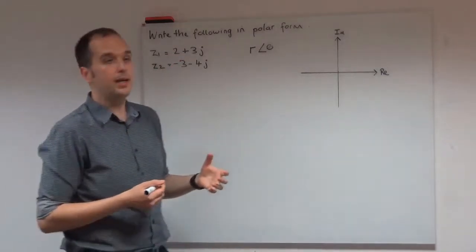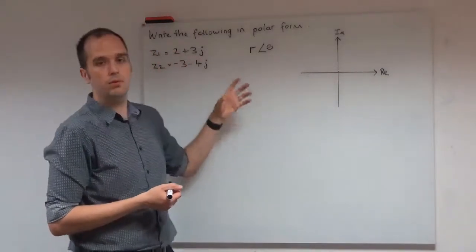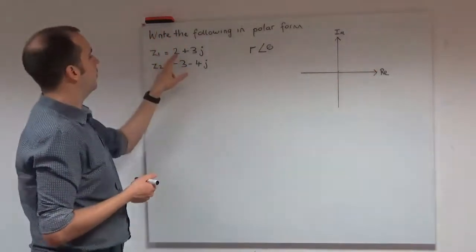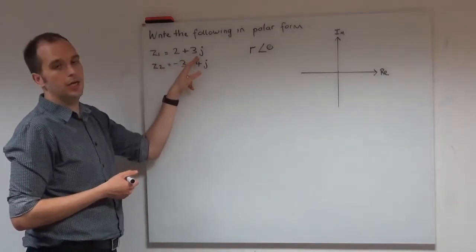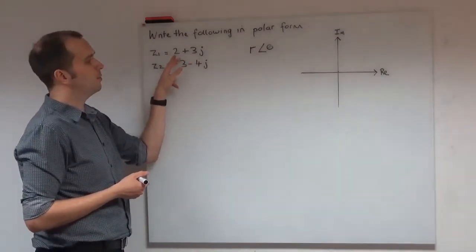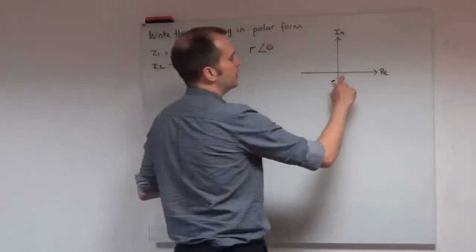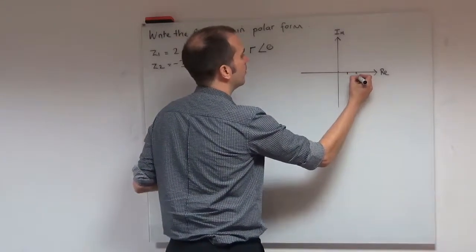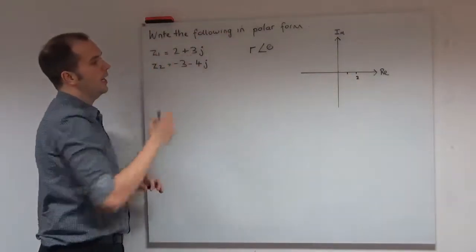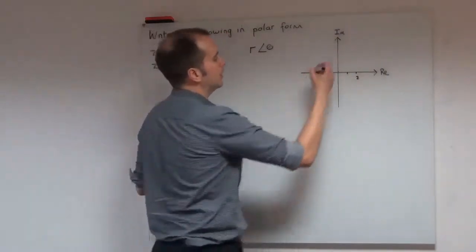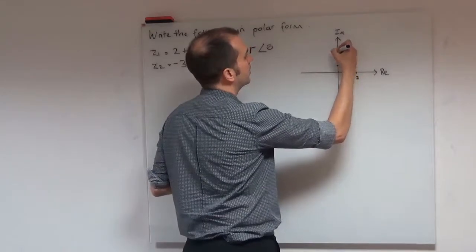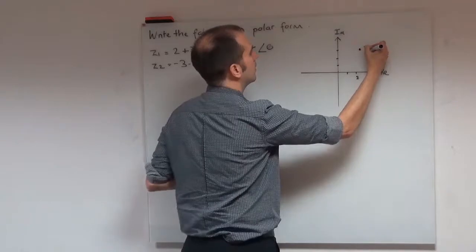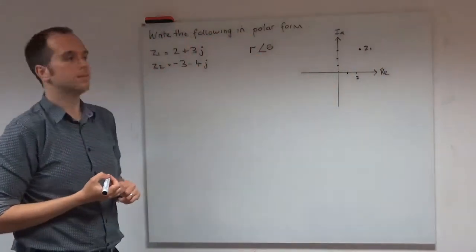I think the easiest way to do the conversion is to first of all draw your complex number on the Argand diagram. So what have we got here? We've got 2 plus 3j. 2 represents a real part which lies on the x-axis, so it's 2 across, and then 3j is the imaginary part, and that's 3 up, so it's 3 on the y-axis, so our complex number is at that point there.